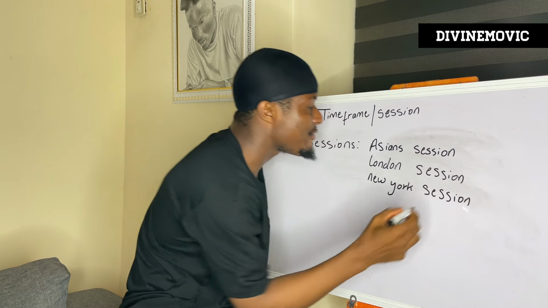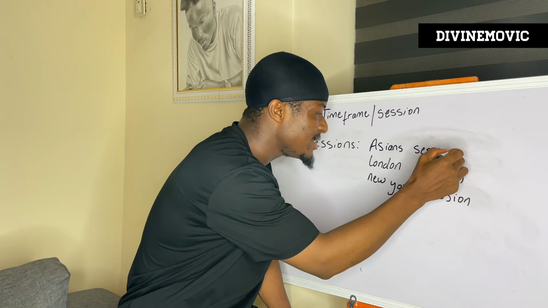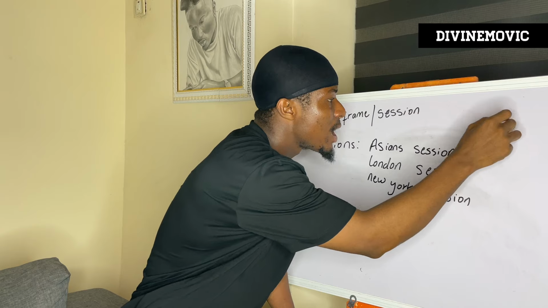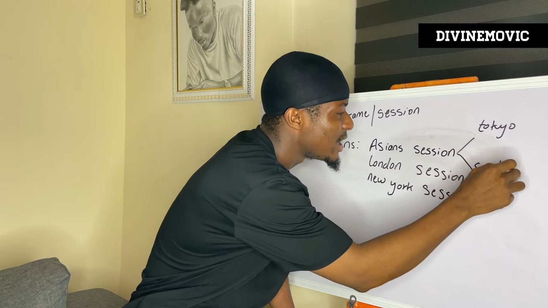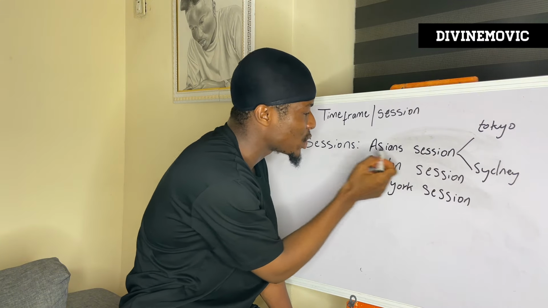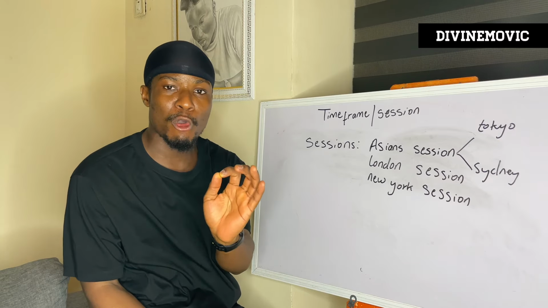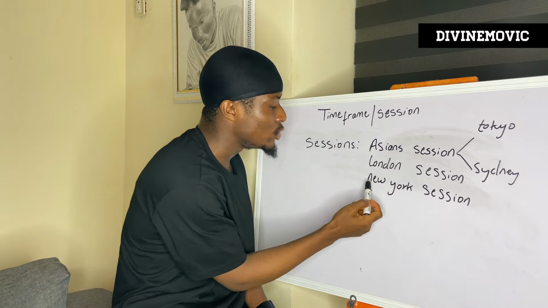Now, the reason I said we have 4 different types of sessions is that inside this Asian session, we have the Tokyo and we have the Sydney. Now, these huge sessions are represented in this particular Asian session. So basically, we have 3 major types of sessions: the Asian session, London session, and the New York session.